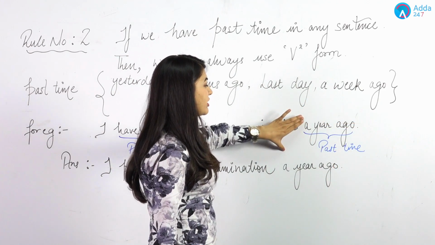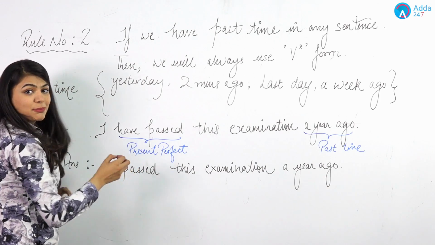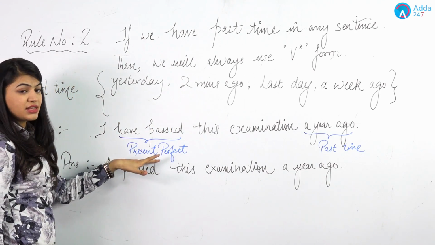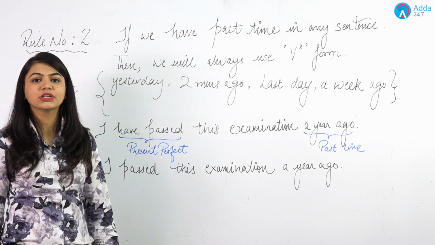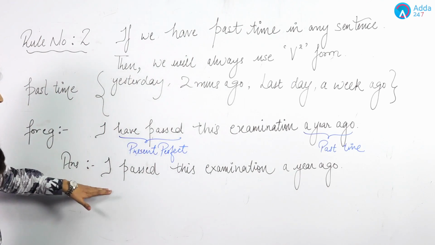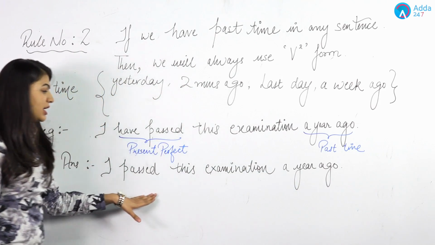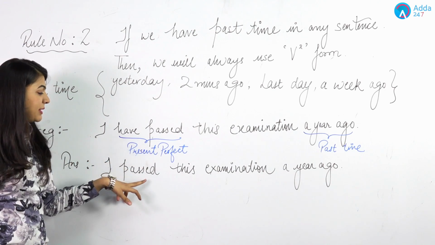A year ago over here is past time and have passed is present perfect, have plus V3. So we will change this have plus V3 form into verb's second form. The correct answer will be: I passed this examination a year ago. Passed over here is verb's second form. We will change present perfect into simple past.